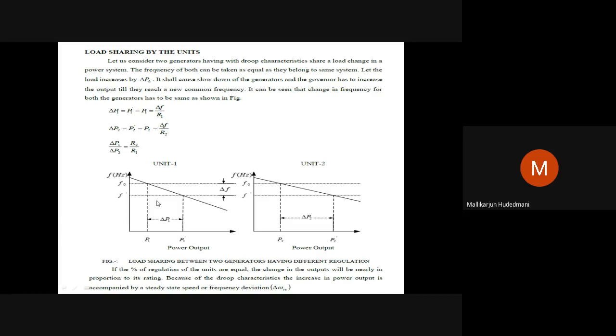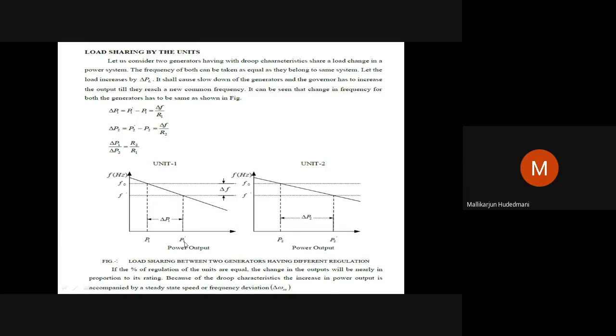And what is the frequency if the governors are not there? It is F dash. Frequency has naturally fallen down. That reduced frequency made the operating point on this line P1 dash, and on this line P2 dash. Then what are P1 dash and P2 dash?